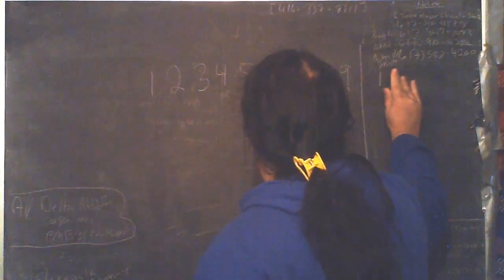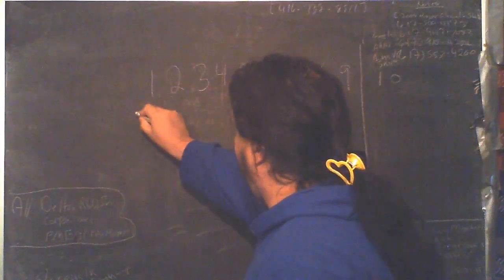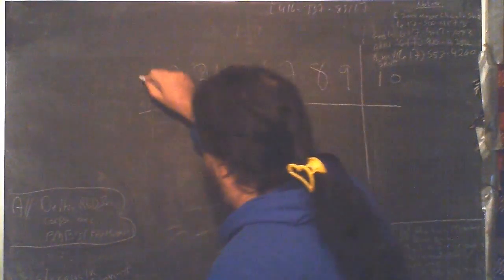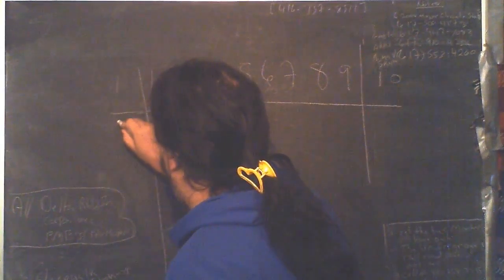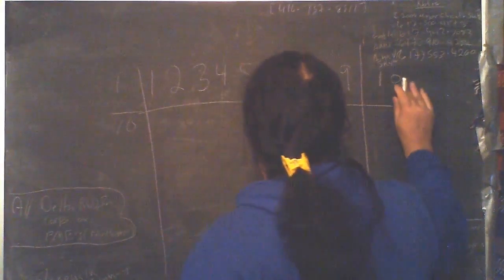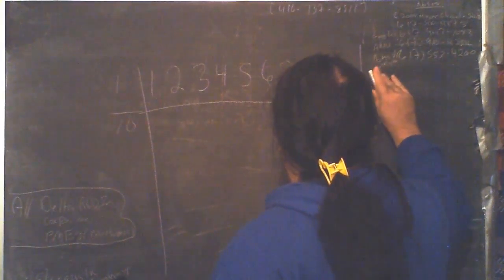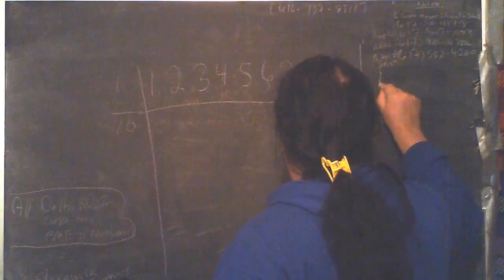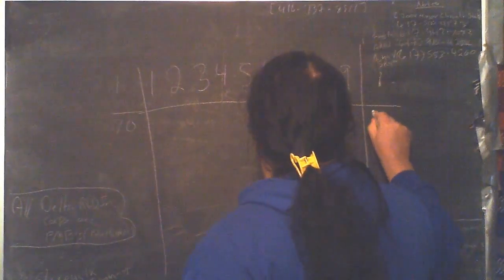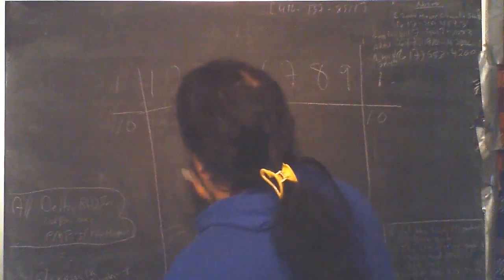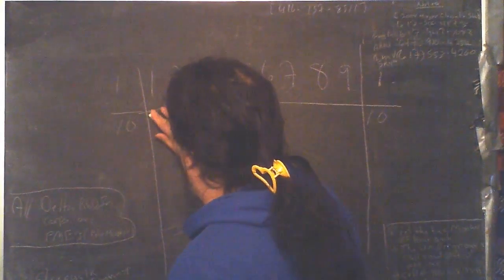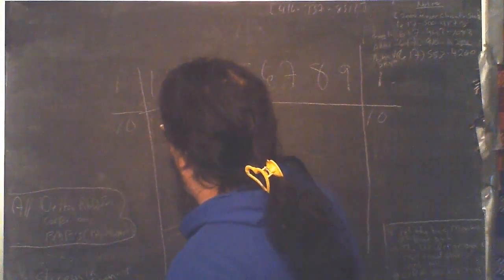If these are the ones, we can draw a line down this way. These are the ones. And we can do the tens now. We can count up by the same amount here.